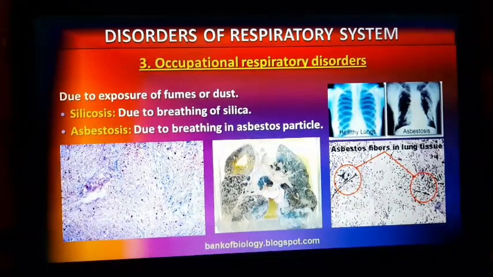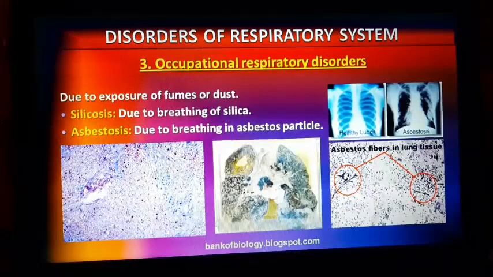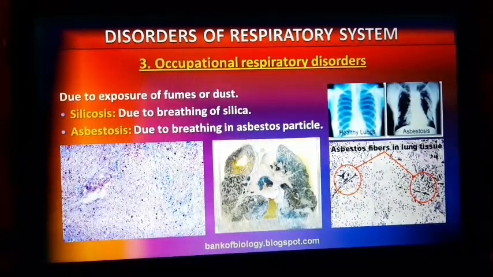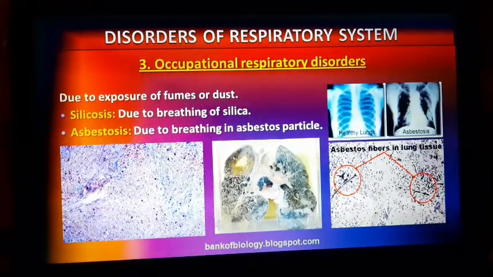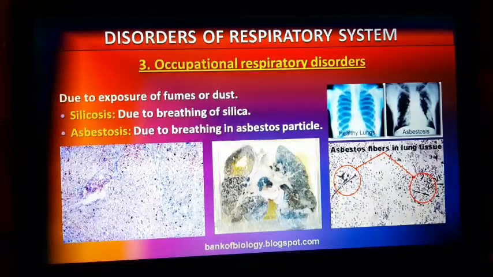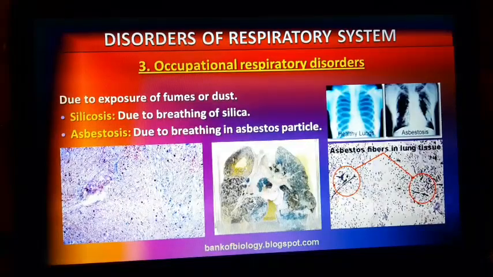That means in silica sand industries, where stones are broken up, this silica dust, if it enters the respiratory system, leads to damage of the respiratory system. Initially, it leads to infection of the upper respiratory tract. Later on, it leads to infection of the lower respiratory tract, mainly the lungs. And by this process, the person will suffer with respiratory disorders.